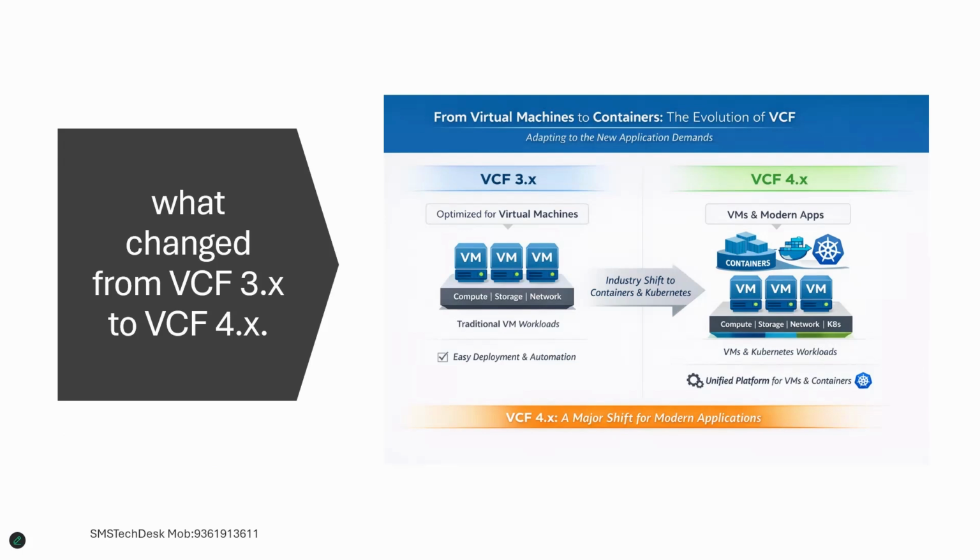But during that time, the industry started changing, and application teams were no longer asking only for virtual machines. They started moving towards containers and Kubernetes. So VMware needed to improve the platform to support this new requirement. That is the reason VCF 4.x was introduced, and this was not a small change. It was a major shift in how the platform works.